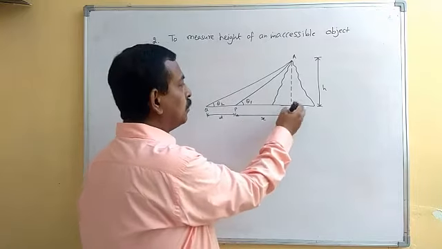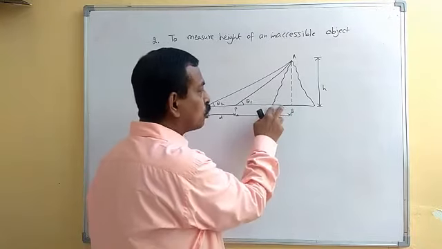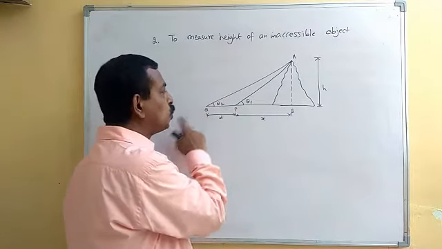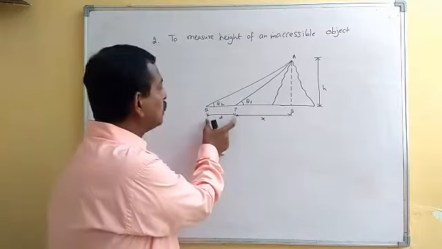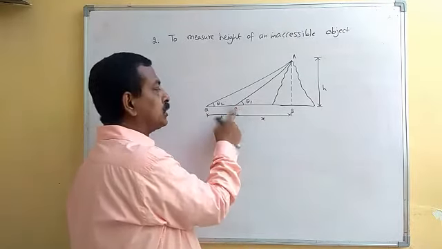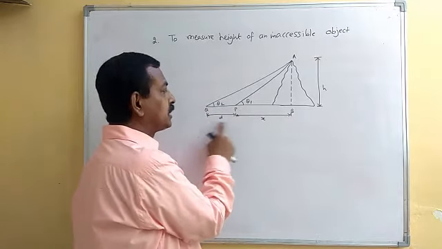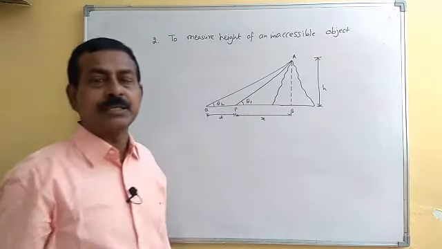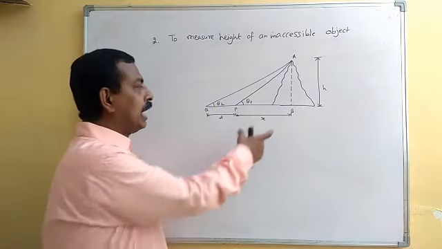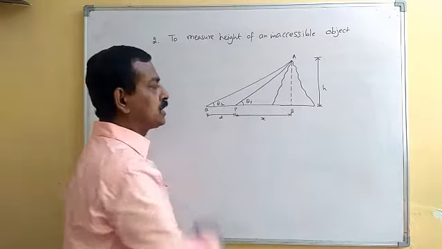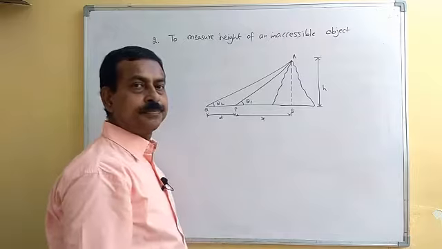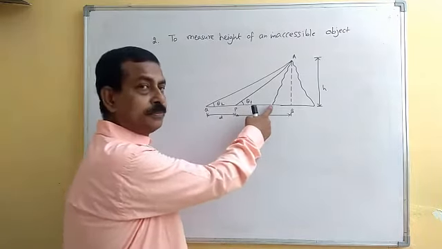As we cannot go up to this point, what we do is take measurements from 2 points which are separated by a specific separation. We take measurements from the points P and Q, which are d distance apart, and the angles subtended there are θ1 and θ2. Suppose the distance BP is x. We do not know the value of x because we can go at most up to this point.